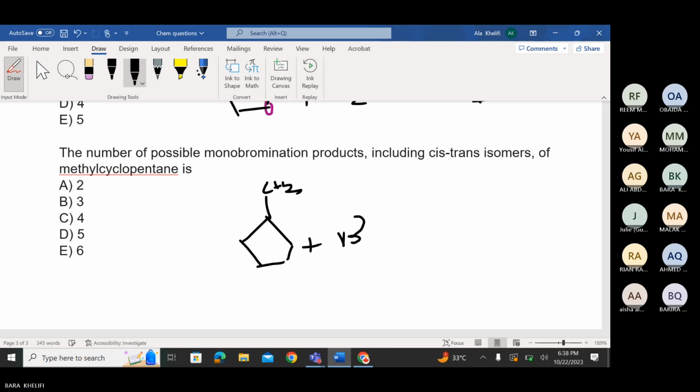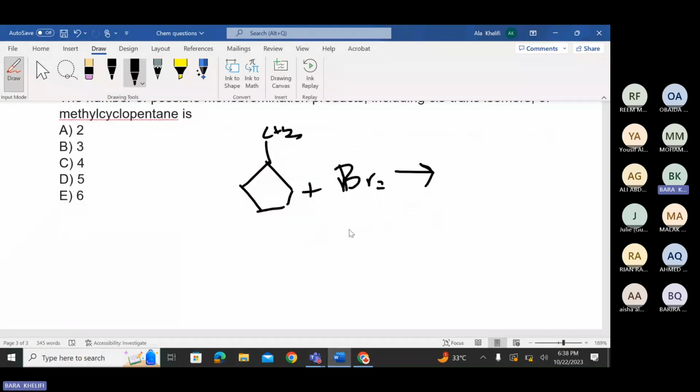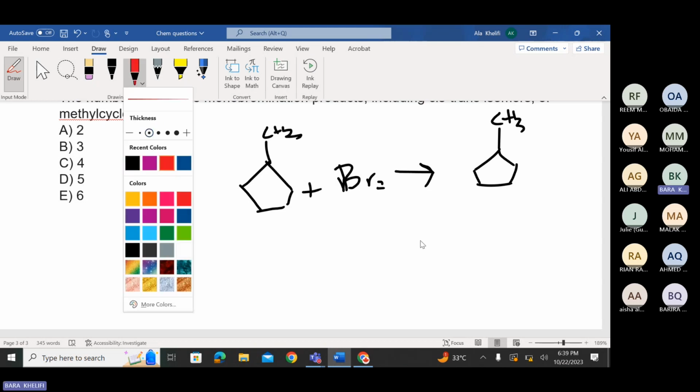So, for example, like this. And then now we're looking for the product or the possible outcomes. So let me draw the pentane, and then using a different color. All right.